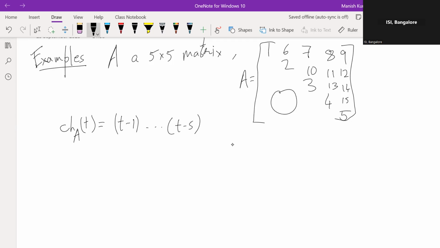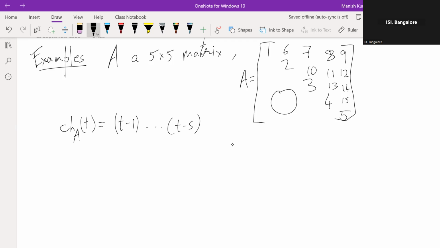We also saw that anything like this is diagonalizable. It has 5 eigenvalues, so each eigenvalue has to have eigenspace of at least dimension 1, and the total dimension is 5.